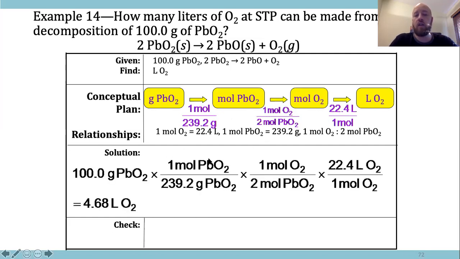Here's the molecular weight of the lead-4 oxide, and the balanced equation right here. There are 2 moles of the lead oxide for every 1 mole of oxygen, and then the molar volume. So multiply and divide, and we get the volume of gas at STP.